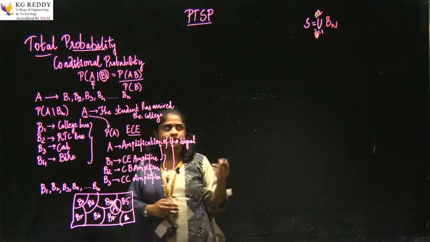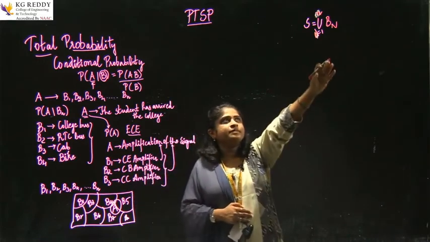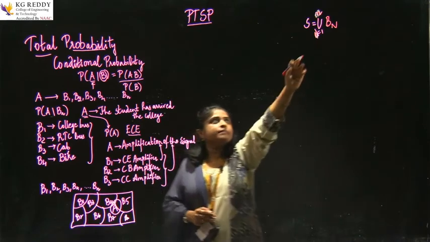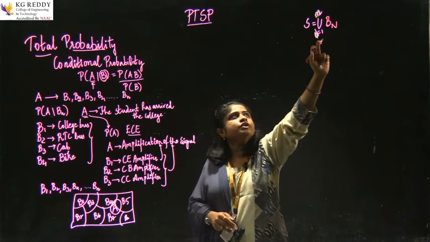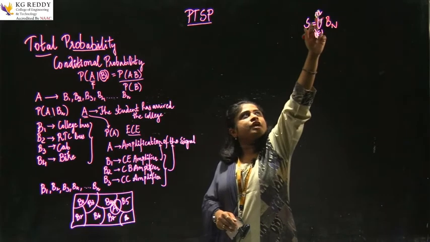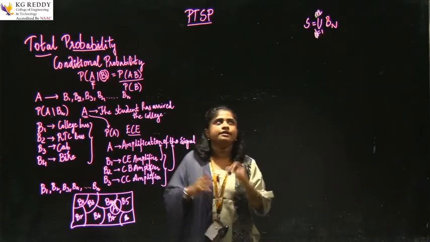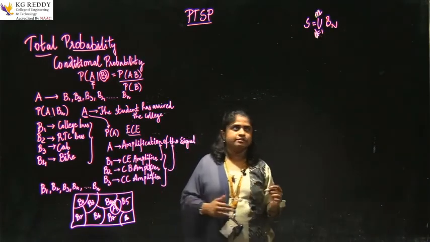The complete sample space is equal to the union of n equal to 1 to n of Bn. Like that I am defining the complete sample space.